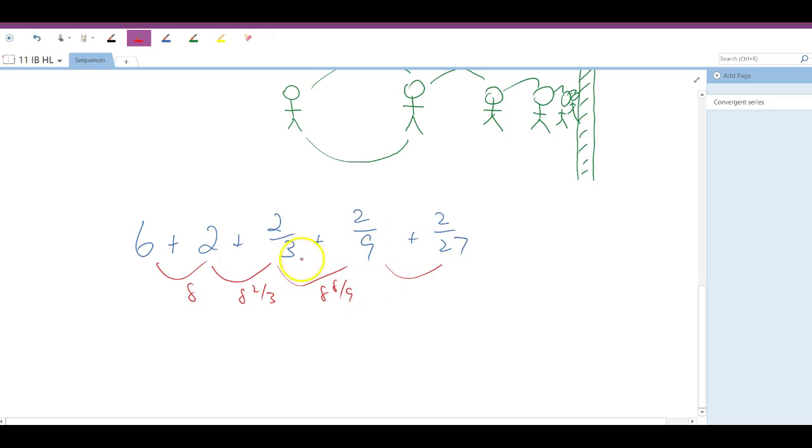Now we turn it into 27ths, and if you work that through, that's 18, 24, 26, 27. So 8, 26, 27ths, and you can see what's happening. So this is another convergent series where r is equal to 1/3, and what we would say is that the sum is converging on, what would we say, 9?